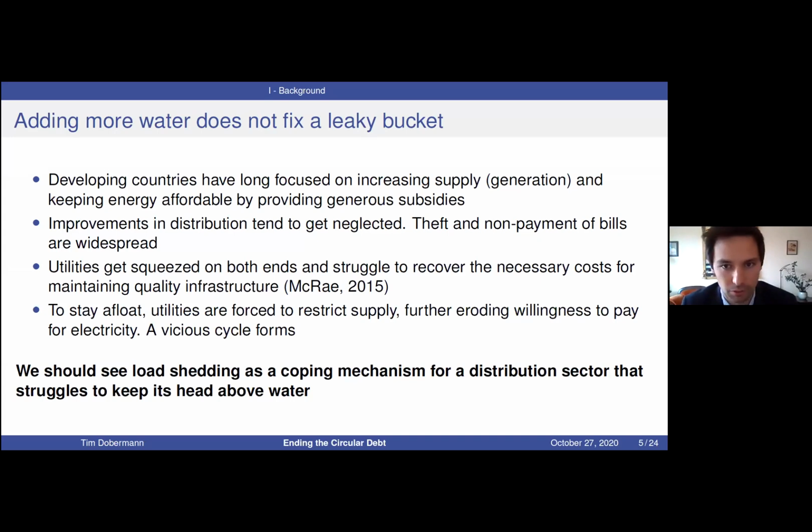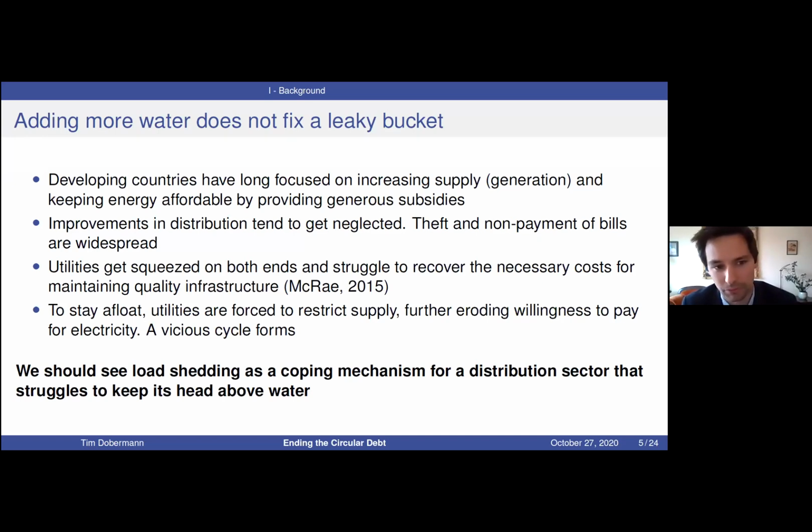The subsidy question is something we'll discuss a bit later in the presentation, and there's a lot of interesting angles to it. But what has happened historically across a variety of contexts is that improvements in distribution have tended to get neglected. And the result, as we know, is that theft and non-payment of bills are widespread.